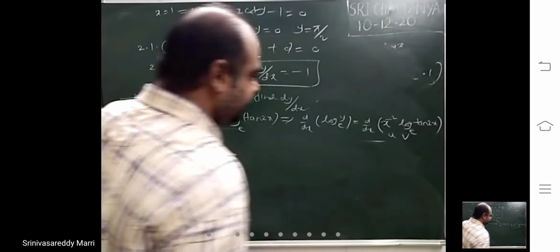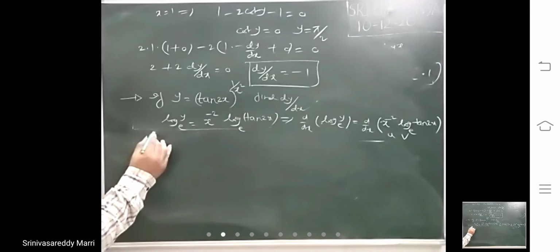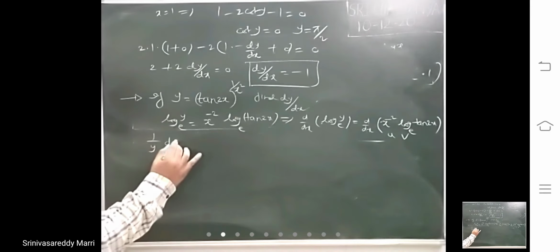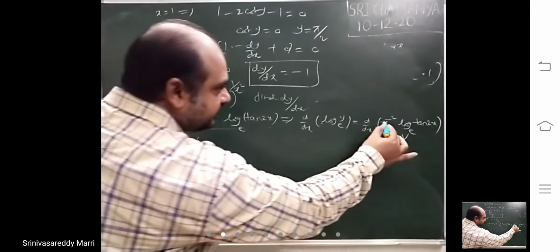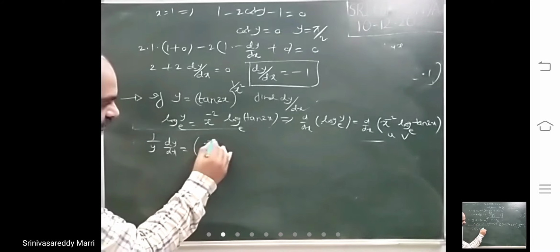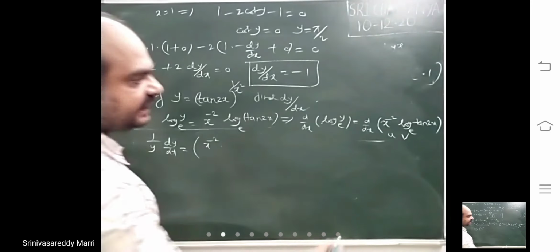So uv, that means log y equals, now I am writing x power minus 2 into d by dx of log tan 2x.